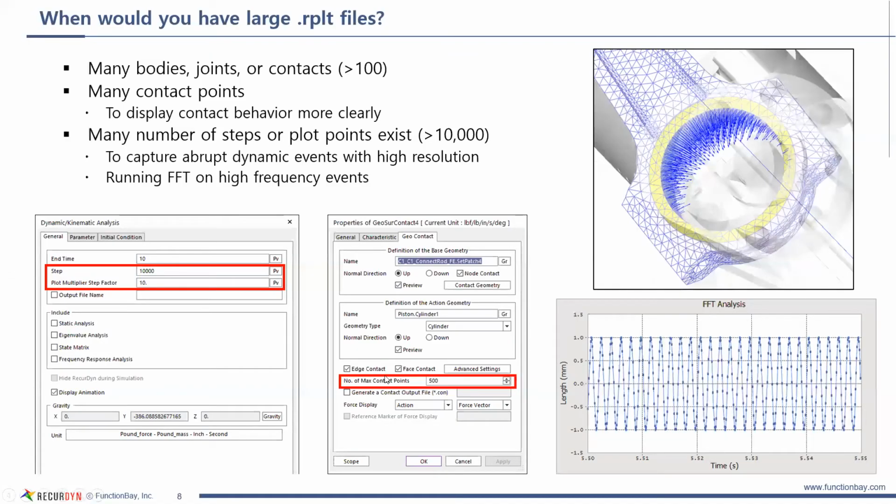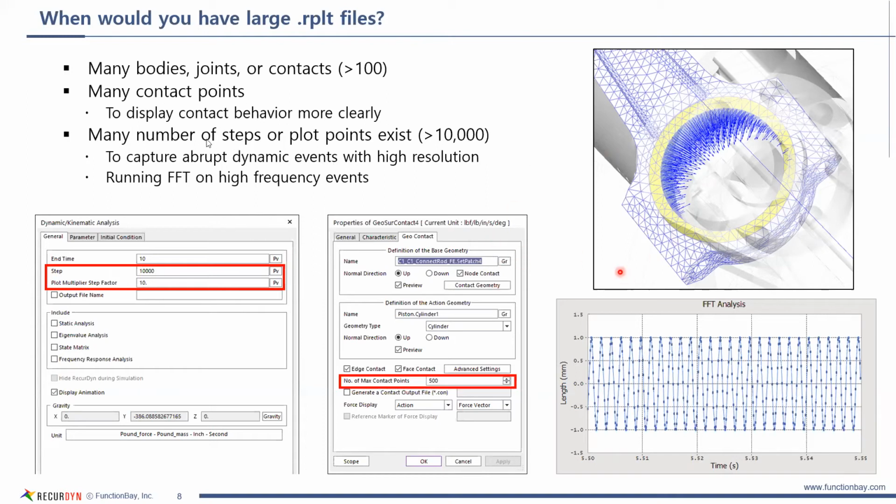That would be controlled in the properties dialog of your contact, and here's where you would define, for example, the number of points. The default I believe is 10, but sometimes you can increase the number to really clearly capture what's going on with your contact, and to understand the behavior of the model better.